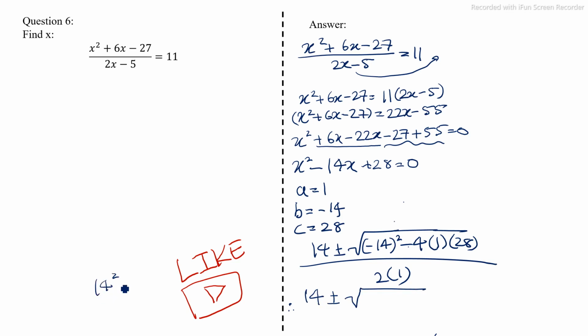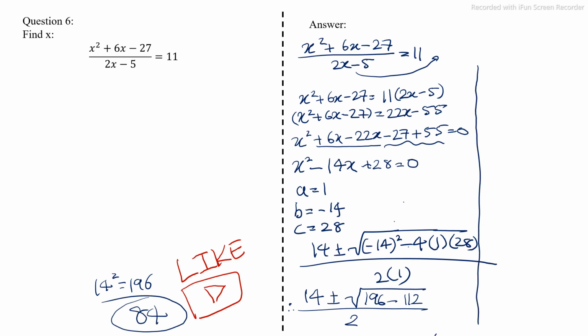So 14 squared equals 196. You know that. So 196 minus 4 times 28, which I don't know what it is. So 112. I'm just going to subtract 196 minus 112, which gives us 84.